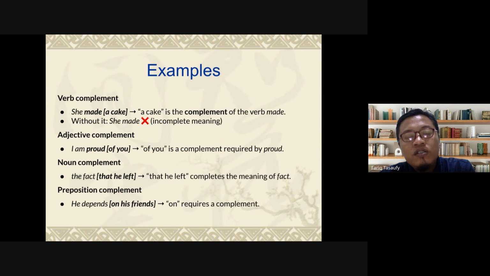And for the preposition complement, we have "he depends on his friends." When we try to get rid of "on his friends," we have a completely different meaning. Depends on what? So "on" requires a complement. So here are some of the examples of the complement in English.